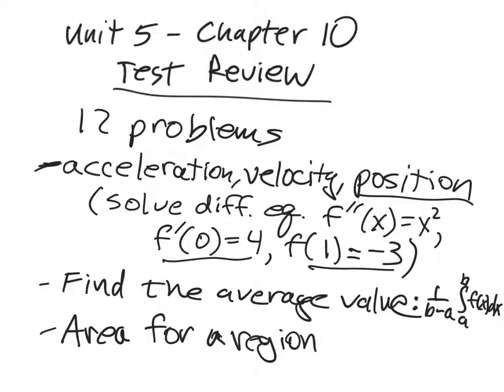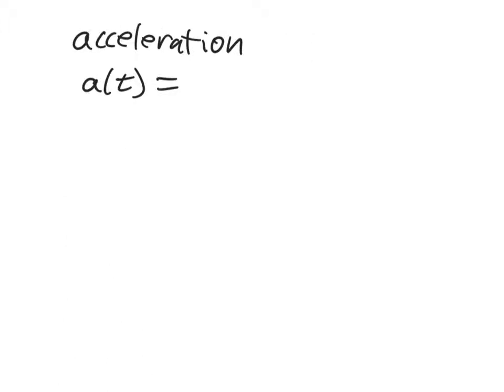Acceleration, velocity, and position. We did look at a lot of different setups for that, and we'll talk through some. A lot of these problems we were given the acceleration, or perhaps it's called deceleration. What's the difference between acceleration and deceleration? One is a negative. The deceleration would actually be a negative value.